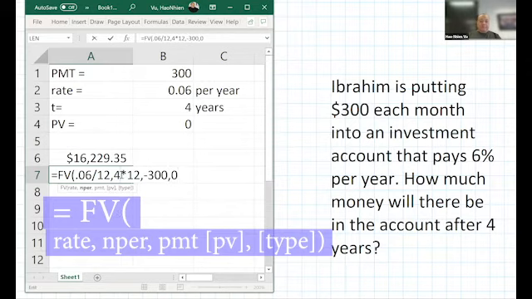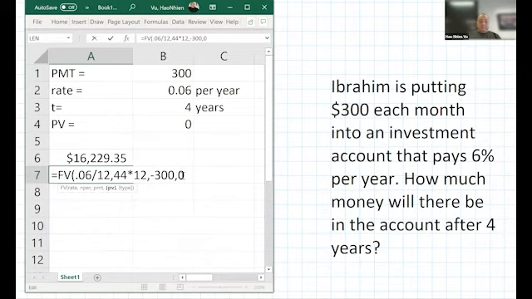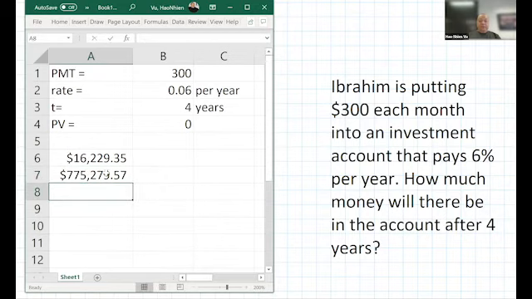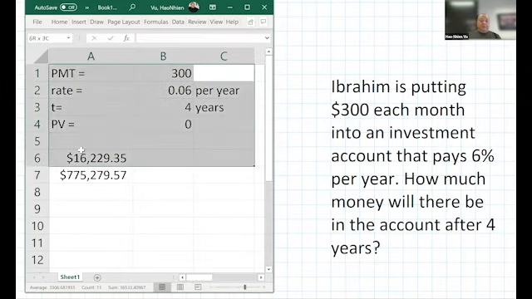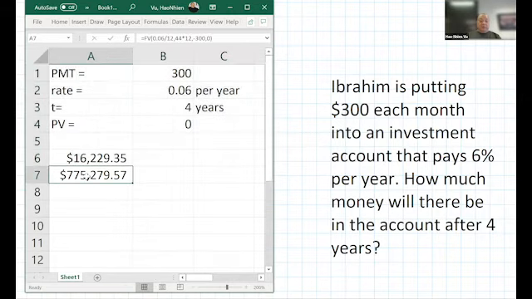But if I made a mistake and I type it as 44 and hit enter, I have this large number. If this 775,000 is the only thing on my spreadsheet, none of this stuff is there, I may not realize I made a mistake. And I'm looking at this, I may not see the repeated 4 right away. So yeah, lots of advantages to laying things out visible like this.